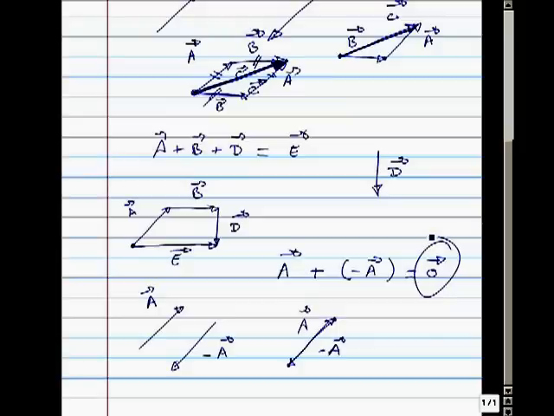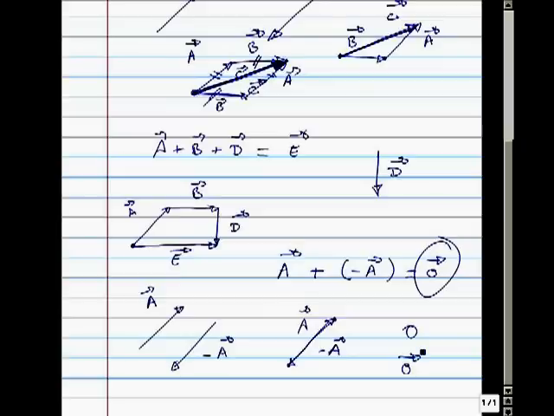So we have to be careful. This is a scalar, 0. This is a vector, 0. So a vector 0, or 0 vector, is a vector of 0 length, which means that it's a 0-dimensional point.